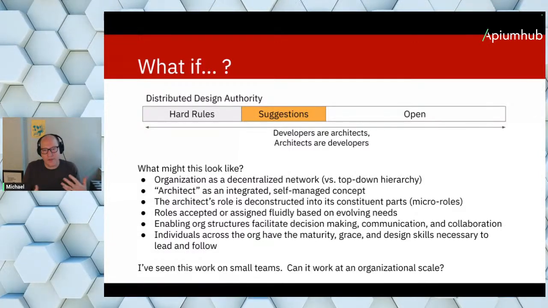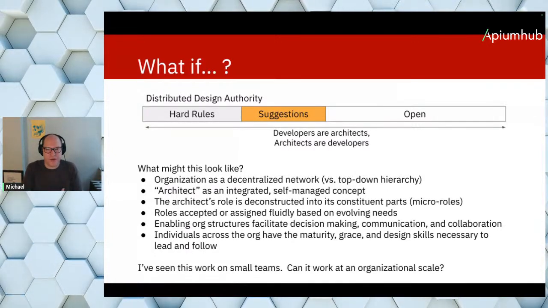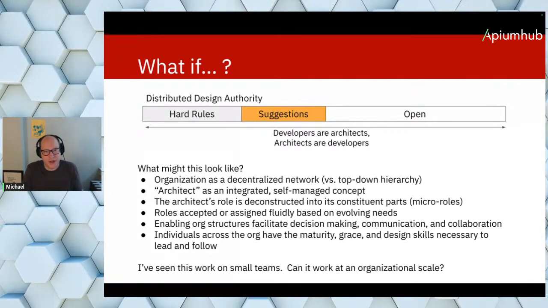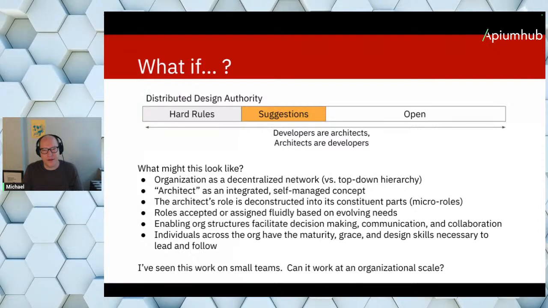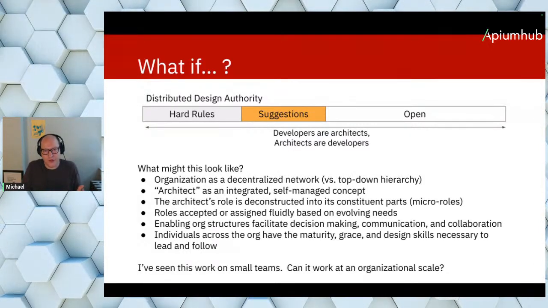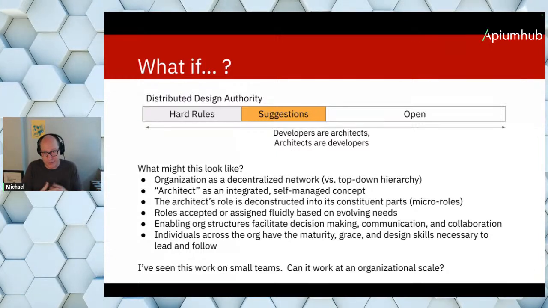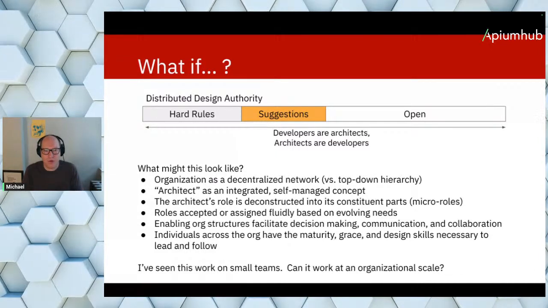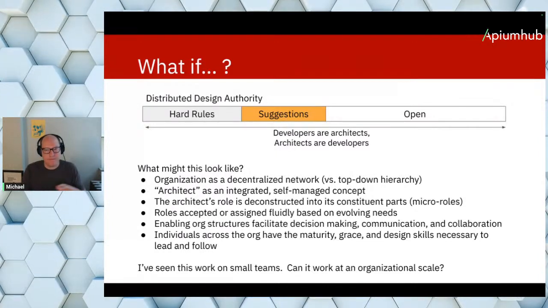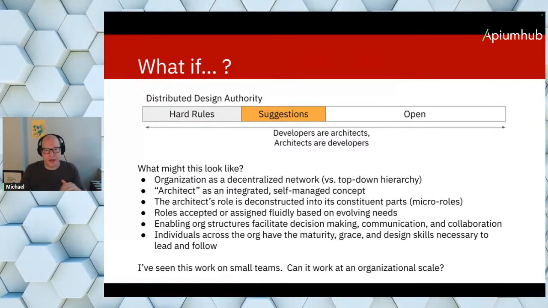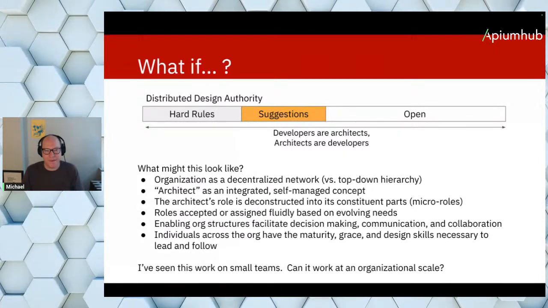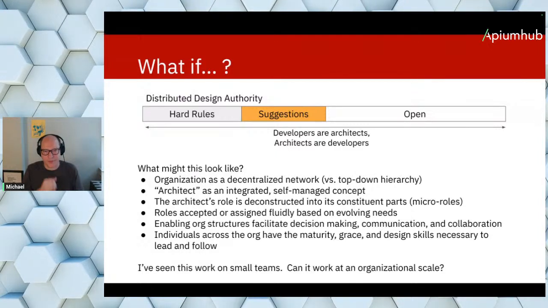The architect's role becomes integrated, and you're going to have developers self-managing their architecture in some way, because there's not a single architect anymore. The role itself of the architect becomes deconstructed into micro roles that are spread across this entire network. People are constantly accepting and releasing these architecture responsibilities amongst the entire org.